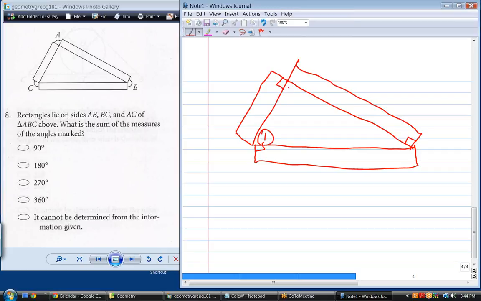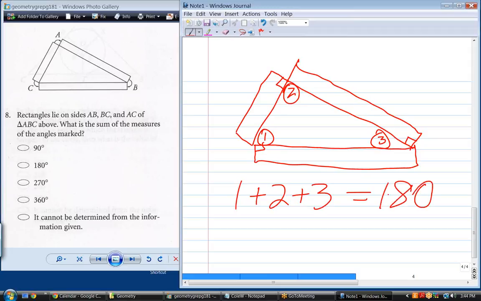Angle 1, angle 2, angle 3. What is the sum of angle 1, angle 2, and angle 3? 180. Let's take this piece up here.